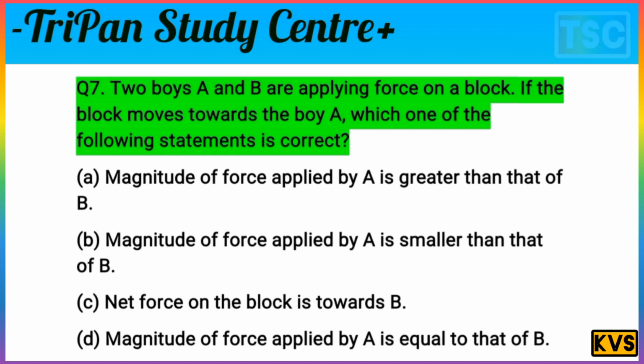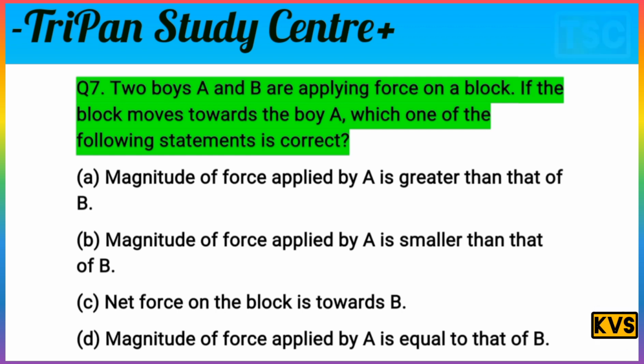Option A: magnitude of force applied by A is greater than B. The block moves toward the boy, so that option is wrong, totally wrong. B. Magnitude of force applied by A is smaller than B.